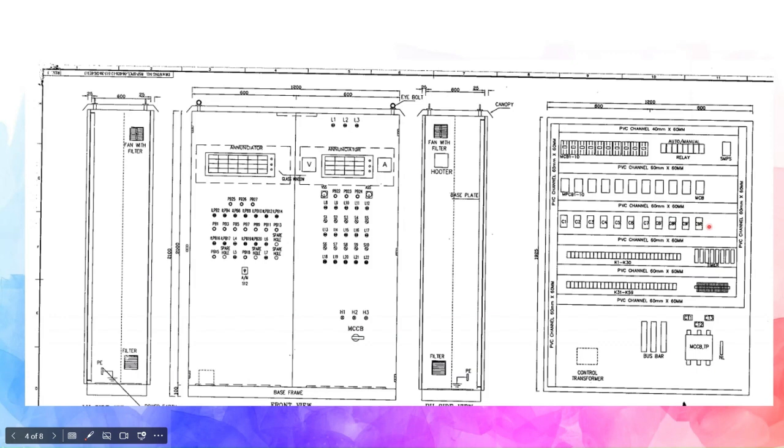Then there are these terminals. In this panel itself there were multiple timers to create certain logics to control this subsystem called dust extraction system. So when there's a panel like this, that is called a control panel.